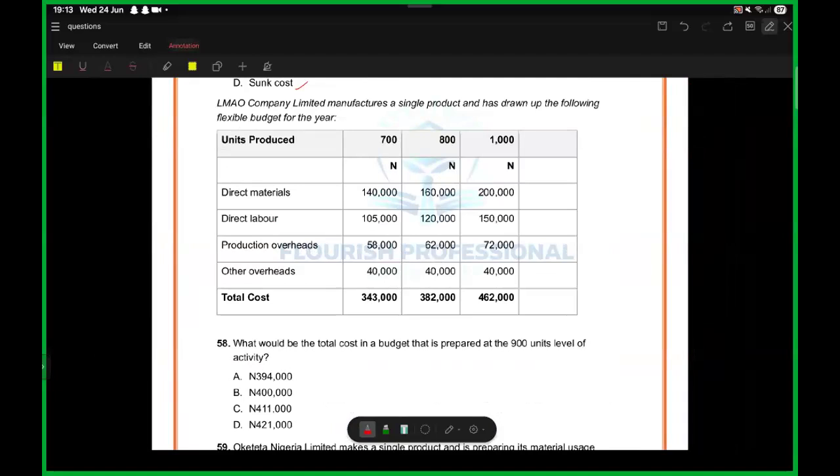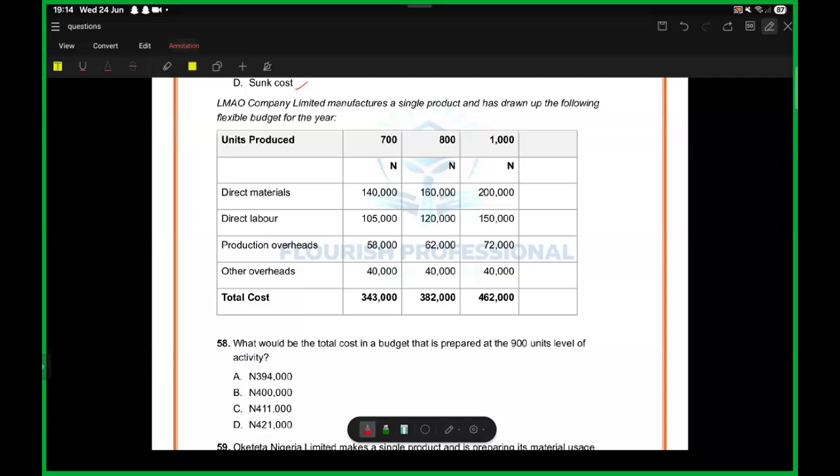LMAO Company Limited manufactures a single product and has drawn up the following flexible budget for the year. Units produced: 700, 800, and 1,000. Direct materials for the year: for 700, 140,000; for 800, 160,000; for 1,000, 200,000.